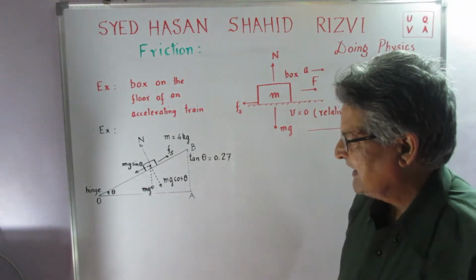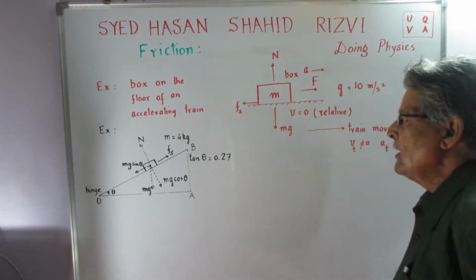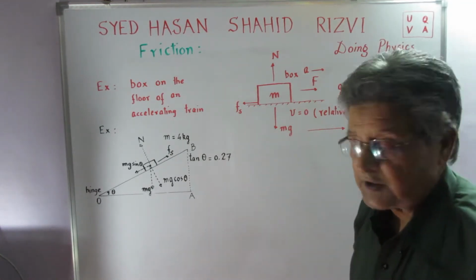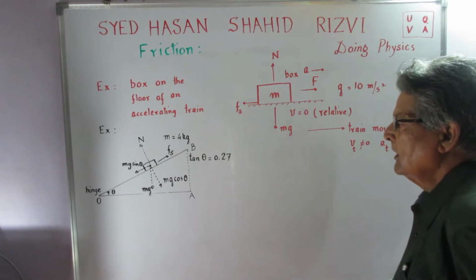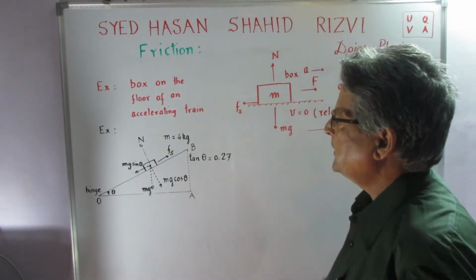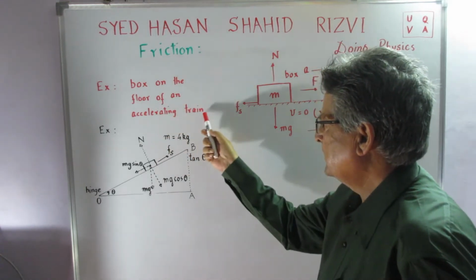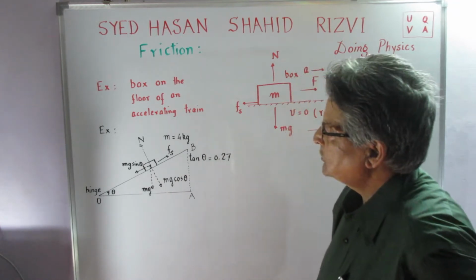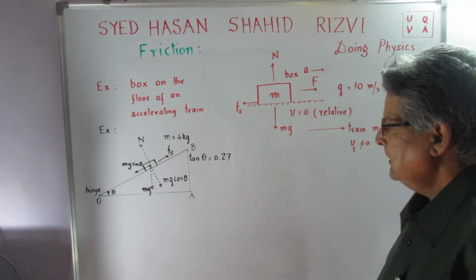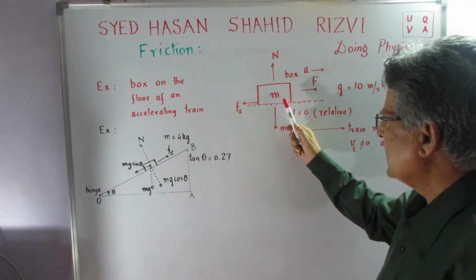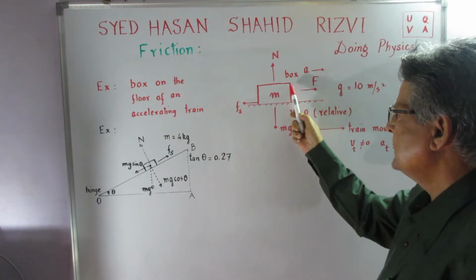To make things clearer, I am just taking a few examples and will explain many other things associated with problem solving. For example, in the first example, I am taking a box on the floor of an accelerating train. Because if the train is not accelerating, then because of the static friction between the two surfaces, the body will remain as such.